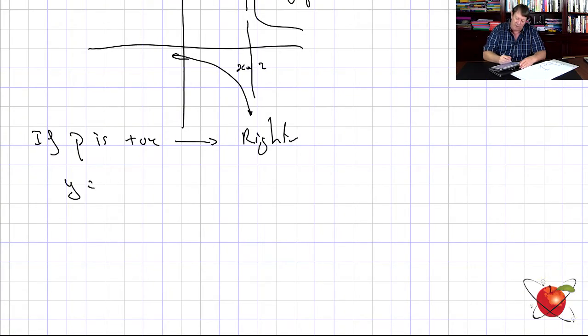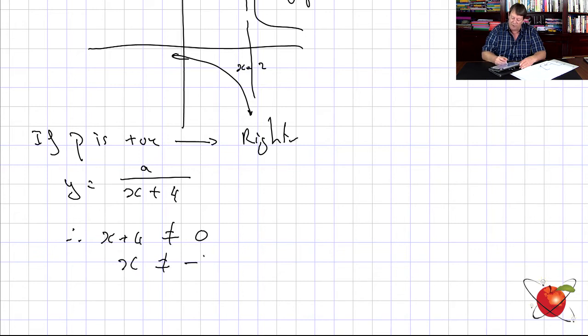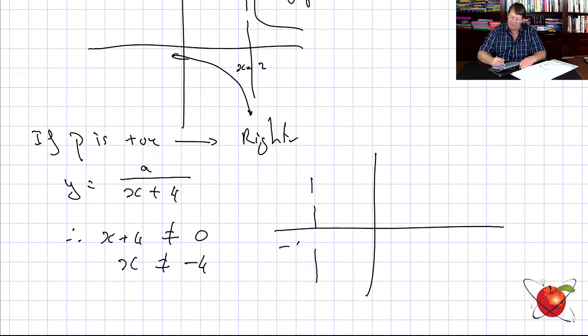So what if I had y is equal to a over x plus 4? Therefore, x plus 4 cannot be 0. x cannot be equal to minus 4. So what does that tell you? It tells you that at minus 4, I put an asymptote there. All right. And let's say a was negative, we would have a graph doing something like that, wouldn't we?